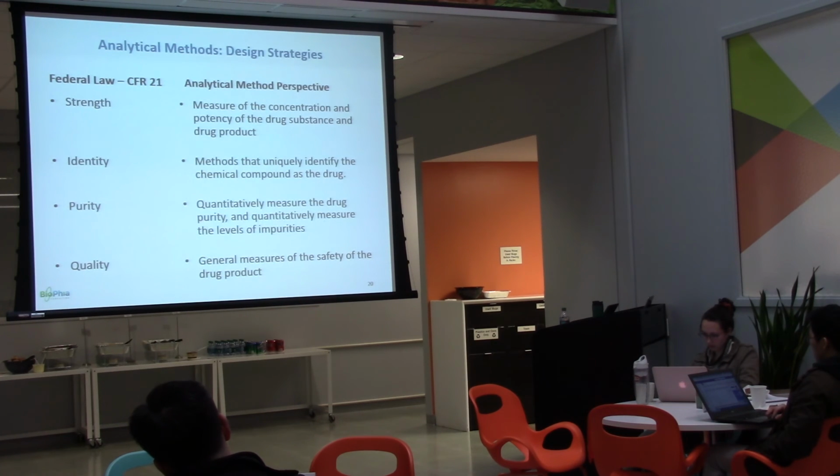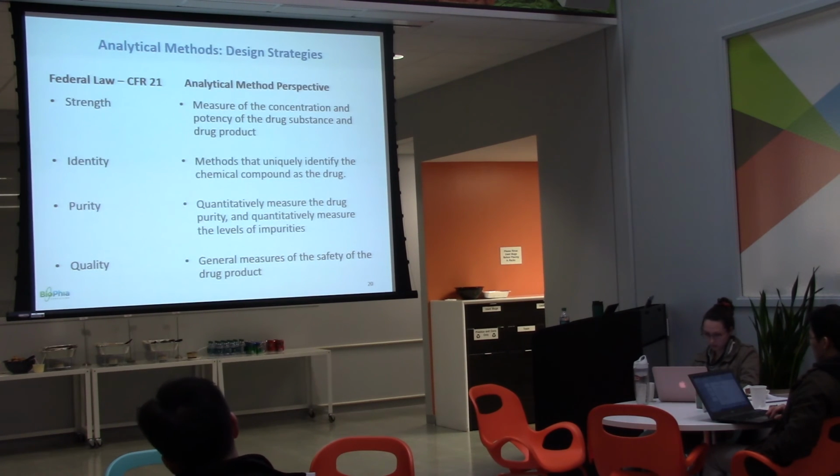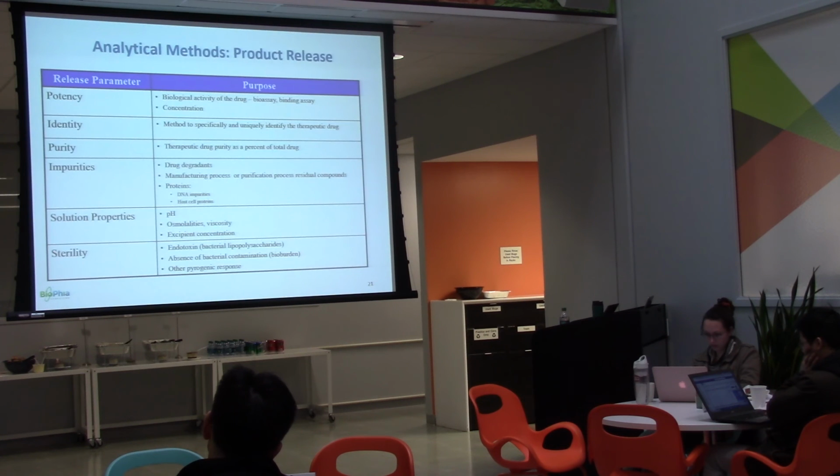You quantitatively measure the drug purity and show that if it does have impurities, you've already shown by preclinical studies those impurities don't affect the efficacy of the drug or have any toxicity. So it's okay to have impurities in there. They just need to be consistent, and they need to be addressed from a toxicology perspective. And then the quality measures that are put in place to ensure that you've got a safe and efficacious drug. Next slide.